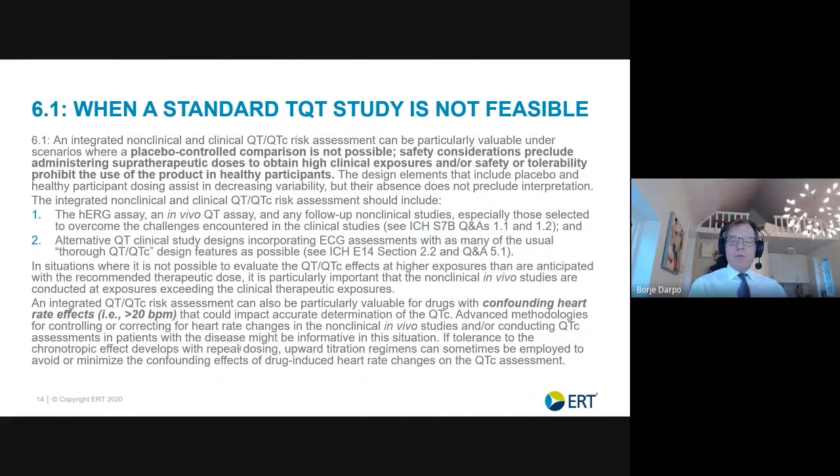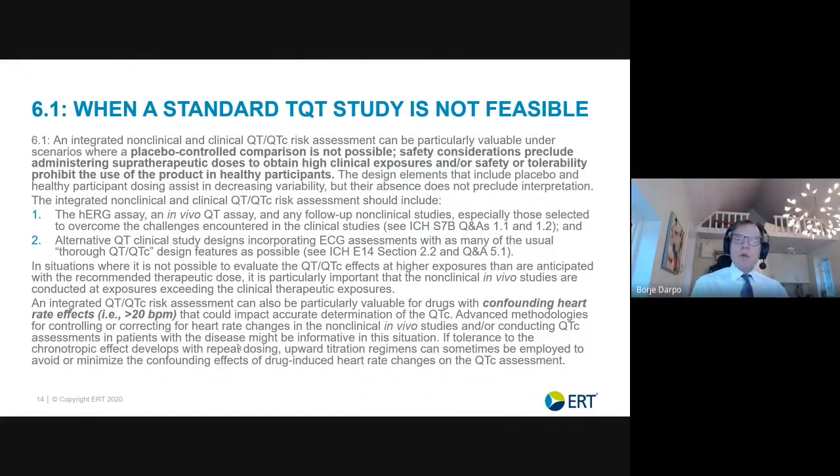Now, the revised E14 document proposes that if these data are supplemented by a negative hERG assay and a negative in vivo assessment, and Dr. Kleiman will elaborate on the somewhat different requirements in this scenario as compared to the 5.1 scenario.